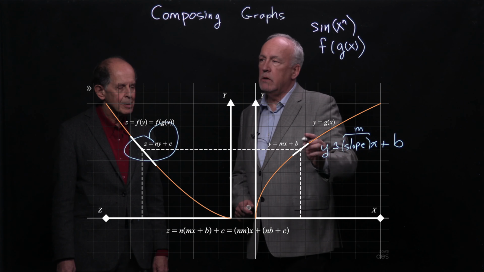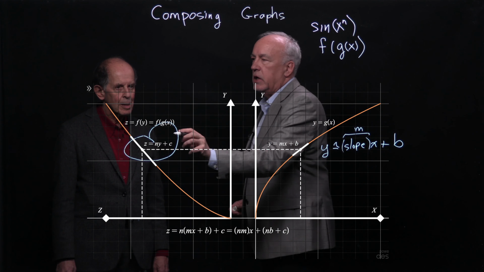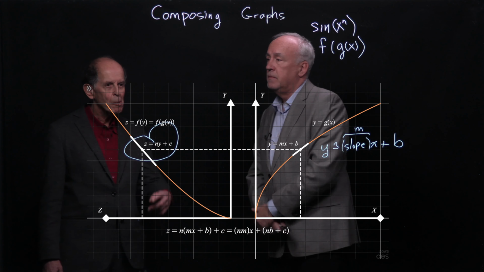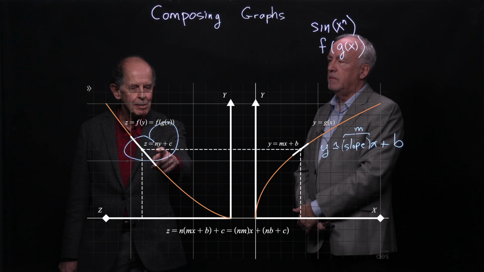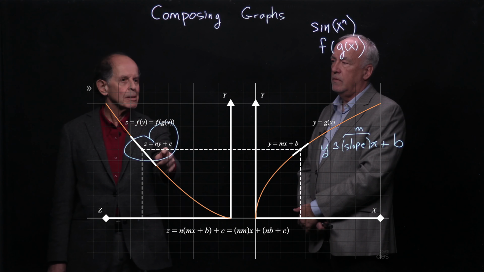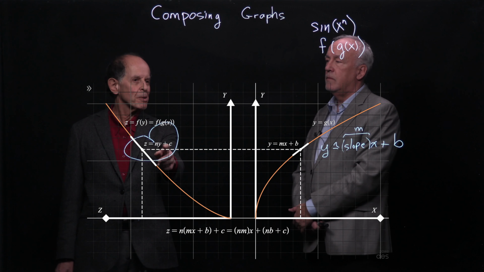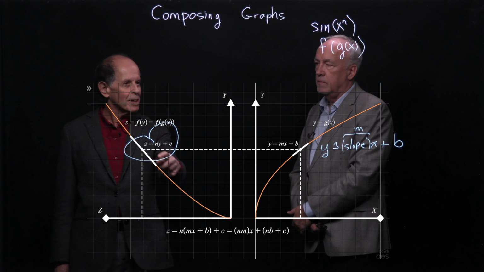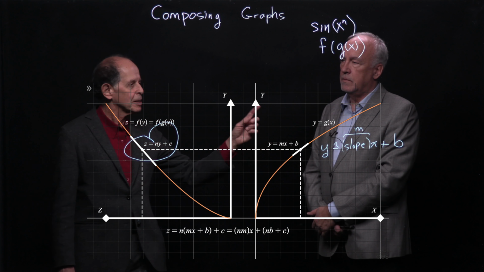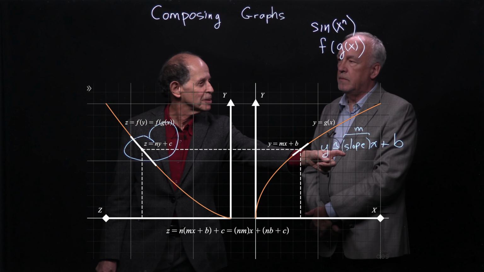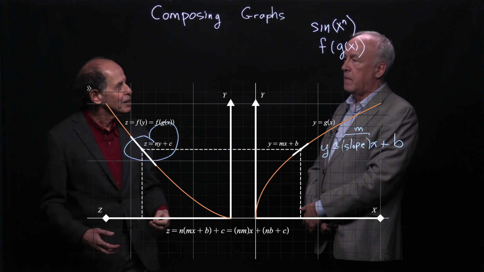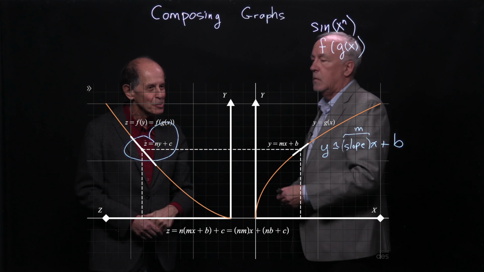So I've got one linear function here, another linear function here. Then I have to combine them. So z is equal to ny plus c, which is our approximation locally here. We've got the approximation locally here too, so why don't we take that linear approximation and substitute it in for y, so we combine the two linear approximations.